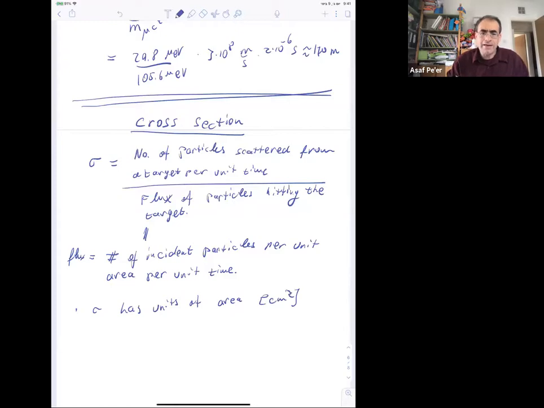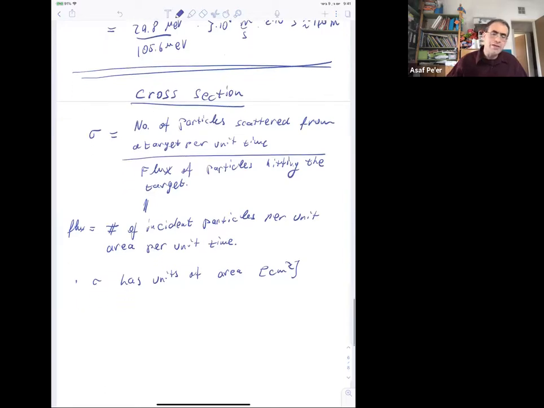Normally people think of it in terms of billiard balls, so it's the effective cross-sectional area of a target as seen by the incident particle. But of course, this has nothing to do with the physical size of the target.